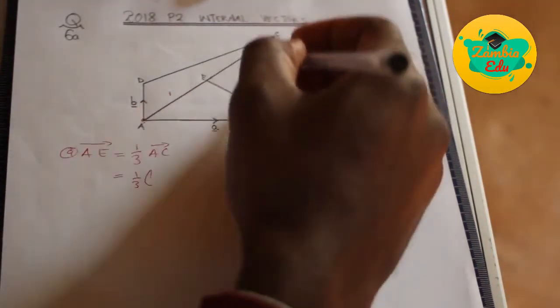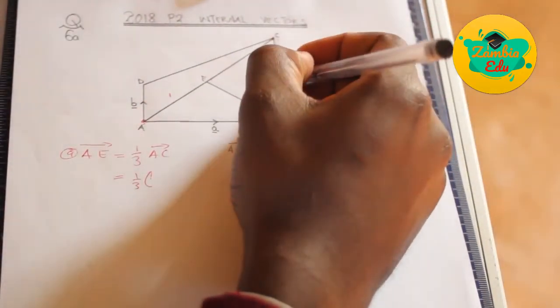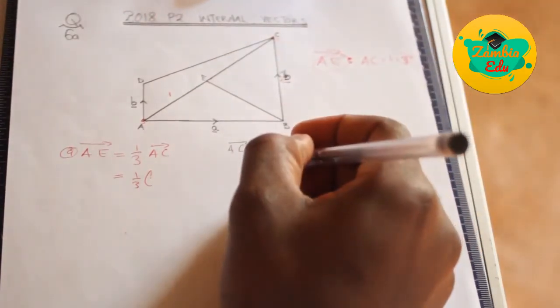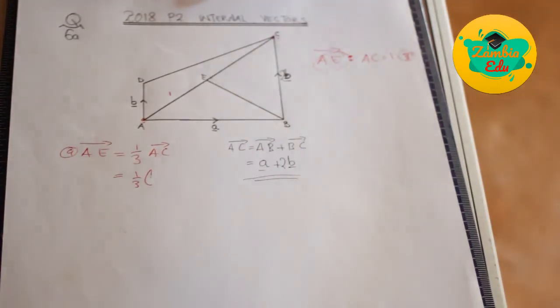Pardon me, our BC is 2B, so there we have 2B in that way.